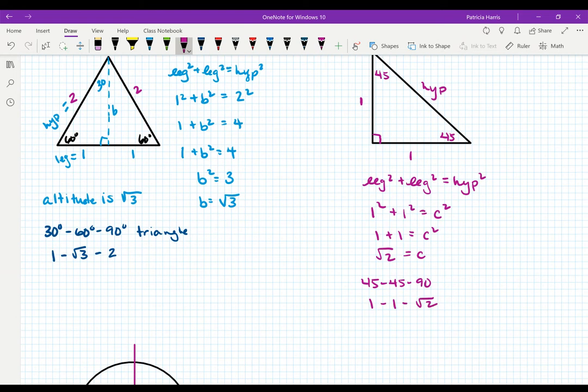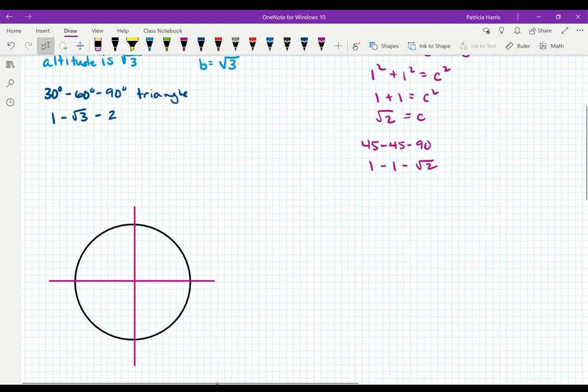We are going to be using these special right triangles to build something called the unit circle. Okay, so before we begin talking about the unit circle, we need to talk about how we measure angles on the coordinate plane.